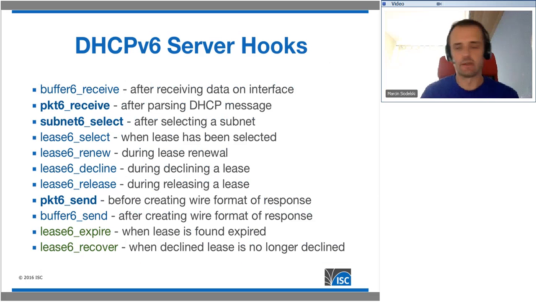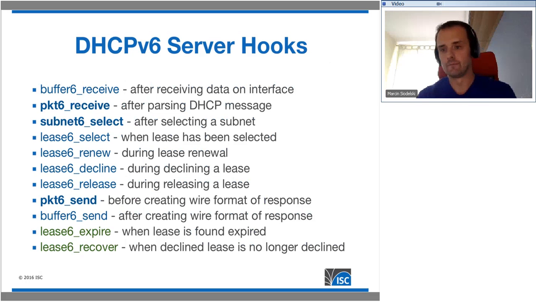Okay, so now getting to the specifics of the Kea DHCPv6 server implementation. This slide presents you the list of supported hook points for which you can implement callouts in your hook library. Just a note that these are the DHCPv6 hook points only, the hook points existing in the DHCPv6 server.